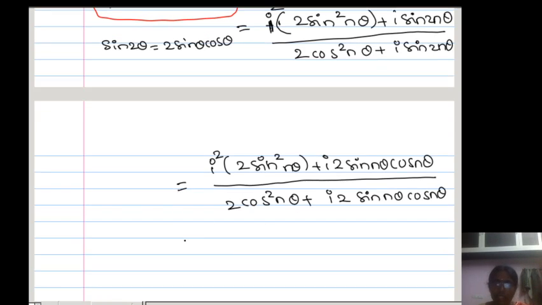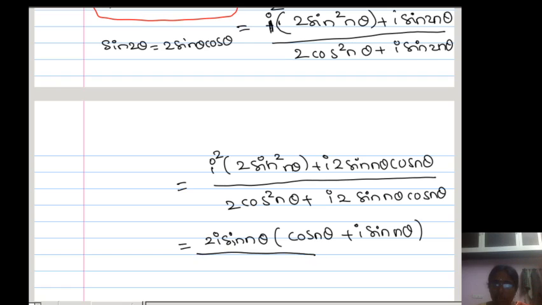Okay, so then I am writing here 2 sin n theta. Let us take common 2 sin n theta in the numerator, 2 i sin n theta as a common. What happened here? Cos n theta. Here what is the term? i outside. So 2 sin n theta outside, so 1 i and 1 sin n theta is there.